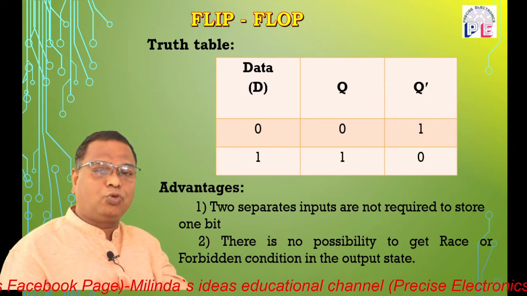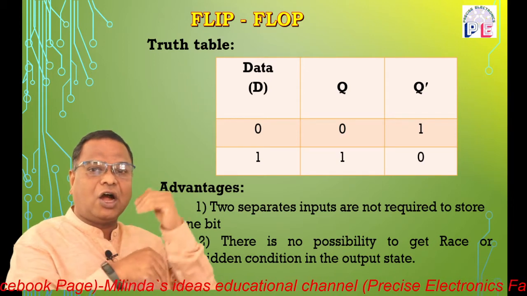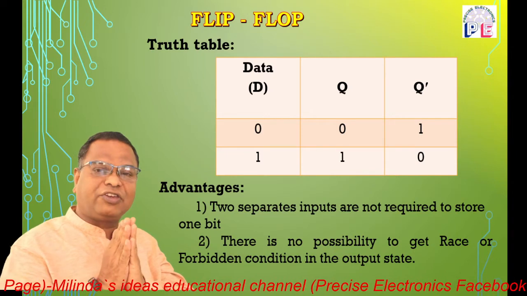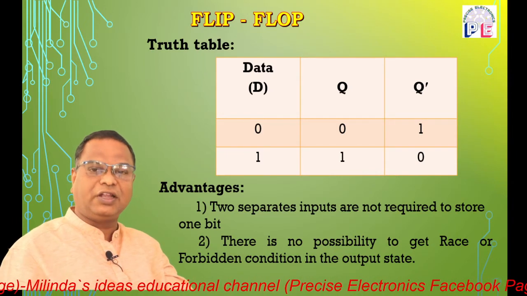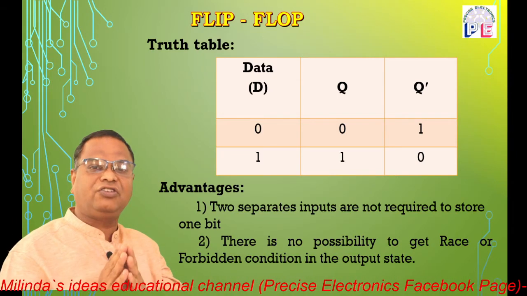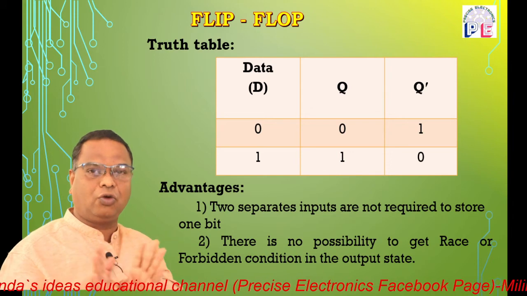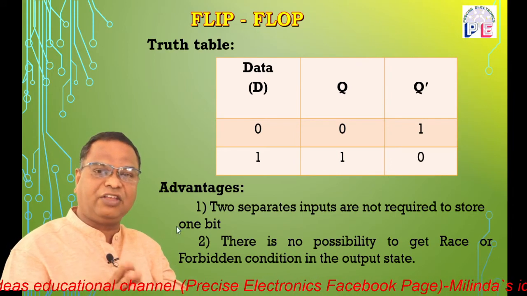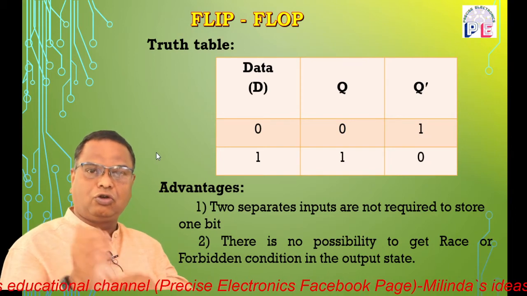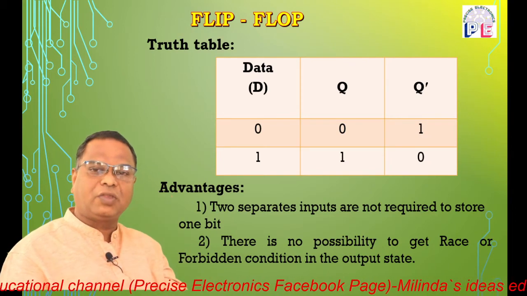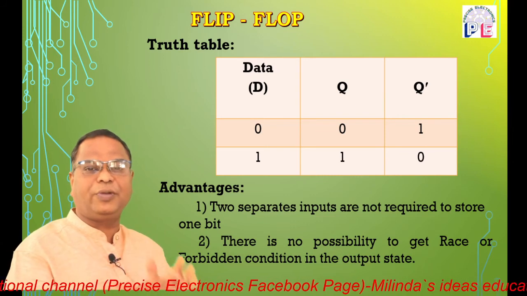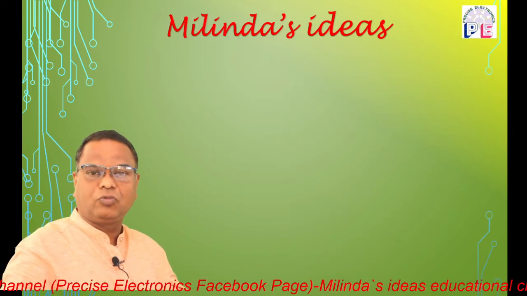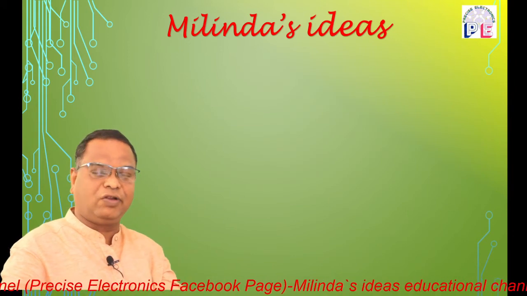We know the output state, because when D is high, the output is high, and when D is low, the output is low. So the unpredictable state is eliminated, and the race is not allowed. So the advantages of the D flip-flop are: only one input is used to store one bit, and there are no race and forbidden conditions. So friends, this is the D flip-flop, which is a modified version of the RS flip-flop.